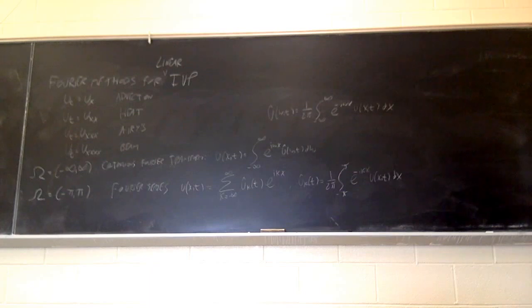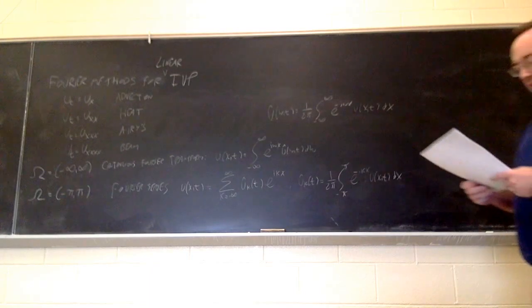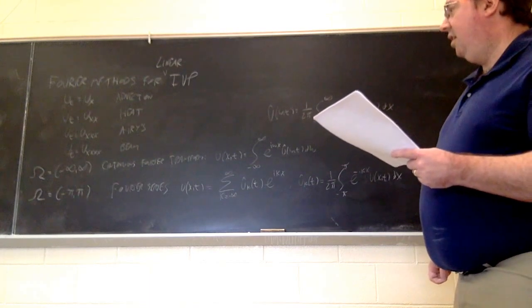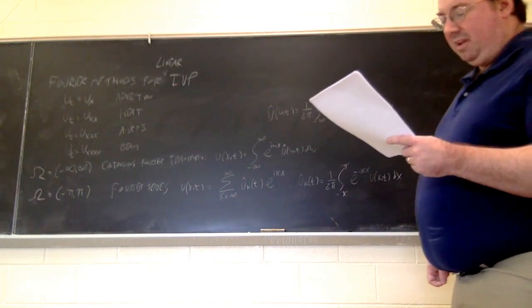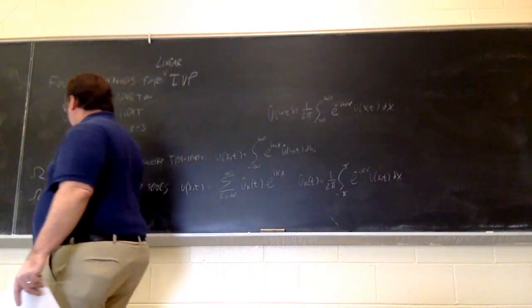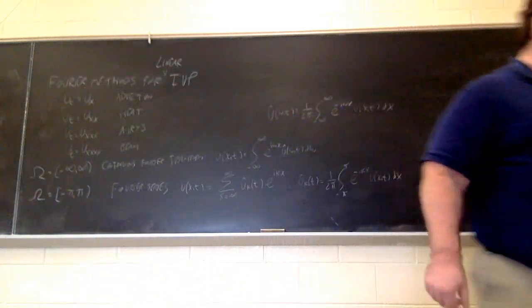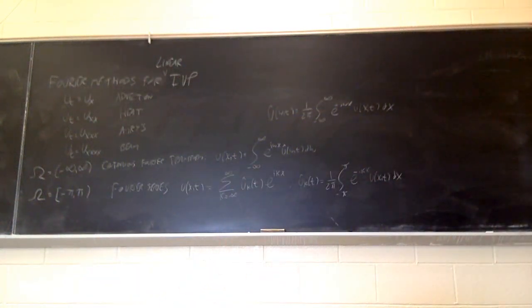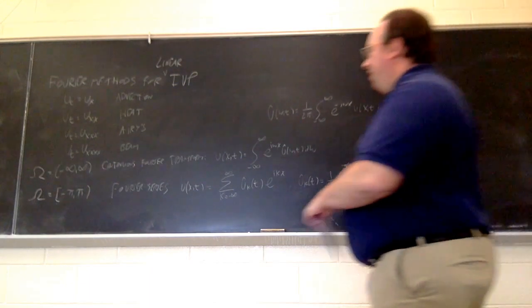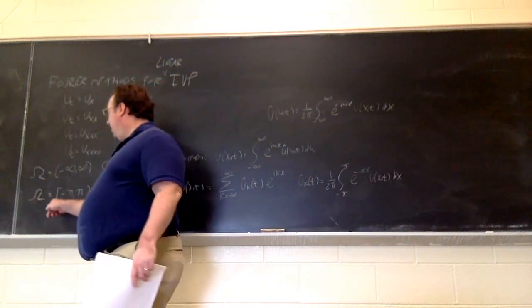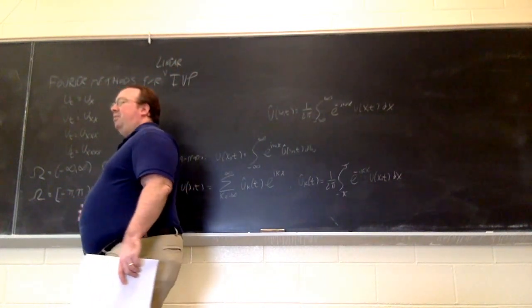And the notes have a square bracket at negative pi, is that a typo? This is a typo. Well, there have actually been different conventions about this. Following the author of the MIT notes for a finite interval, he tends to define these for periodic problems to include the left-hand point, but not the right one.